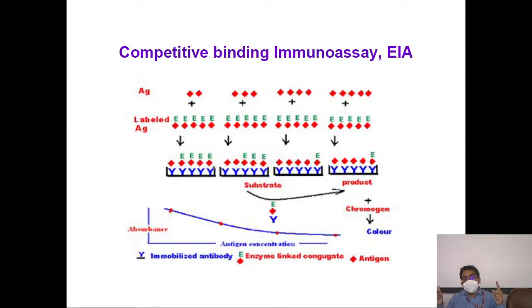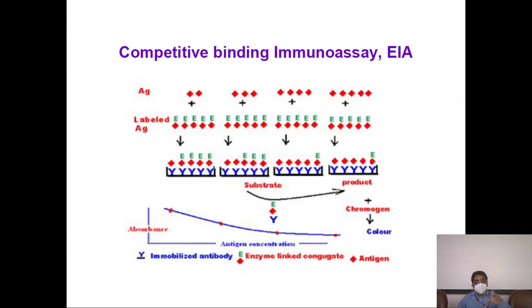But if you see the extreme right, a high amount of antigen is there, it will compete, so there is less absorbance. Why? Because it will displace the enzyme linked antigen, and more of such antigen will be binding to the antibody. Less of the enzyme labeled antigen will bind, so less absorbance, less colorimetry.